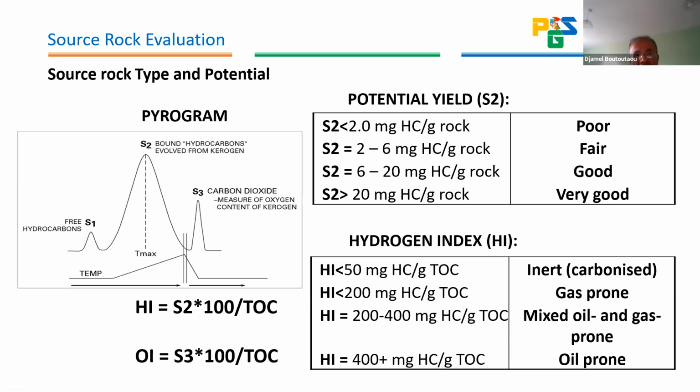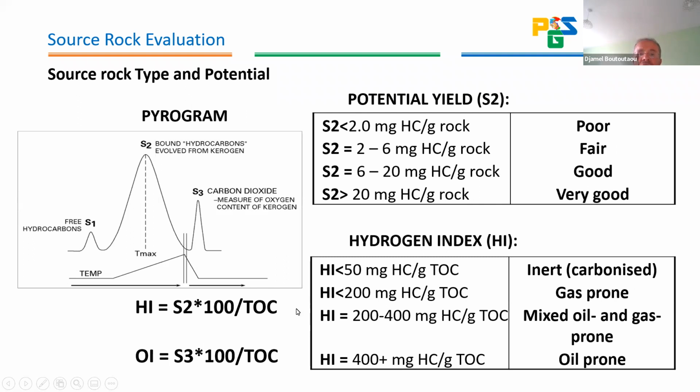When you have an oil mature or gas mature rock, the S2 is always the residual potential, which represents what is left in the source rock interval after generating hydrocarbon. Based on this, we can classify whether our rock is a poor, fair, good, or very good source rock based on the source rock potential S2.